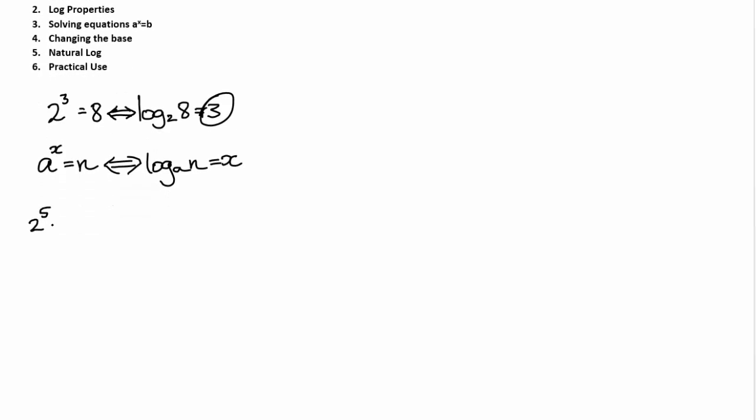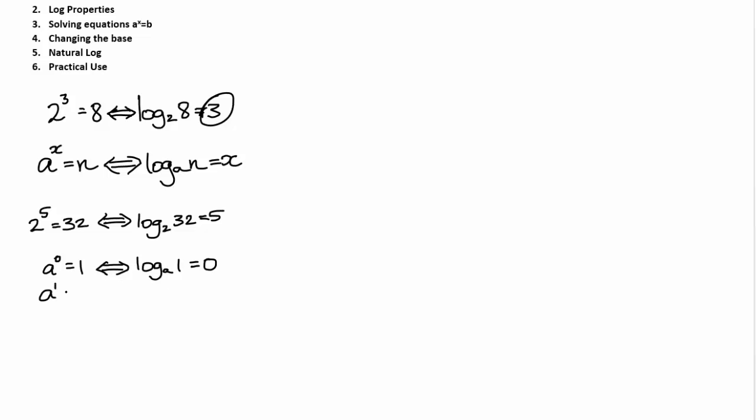Let's try some examples just to illustrate this. 2 to the 5 we know is the number 32. Writing it in log form, we can say log to the base 2 of 32 is the number 5. Two specific index or exponential results you're familiar with: a to the power 0 is 1. If we write that in log form, the equivalent statement is log to the base a of 1 is 0.